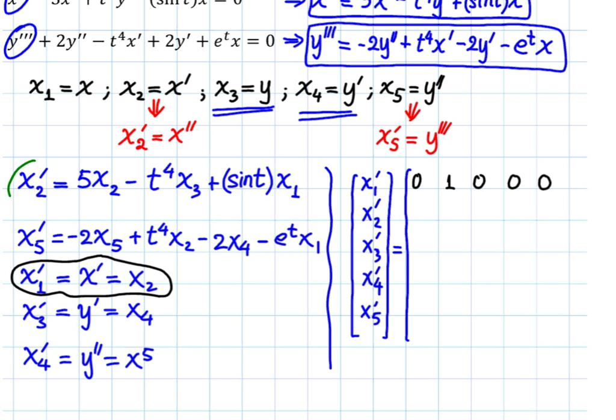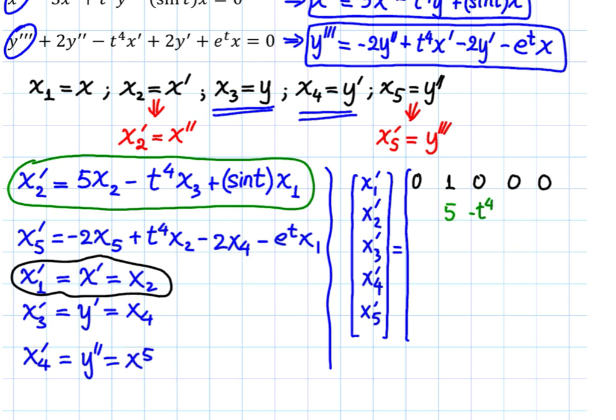x2 prime is this, which will be 5 x2, negative t to the fourth x3, sine t x1, and nothing else.